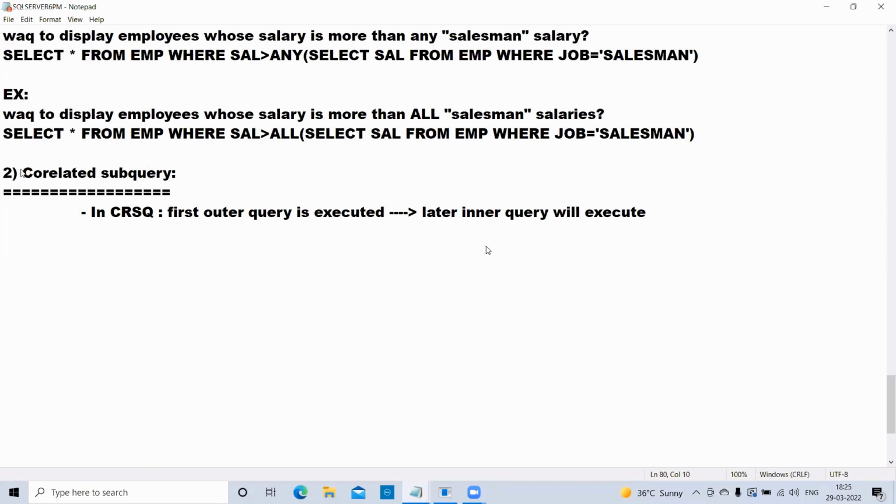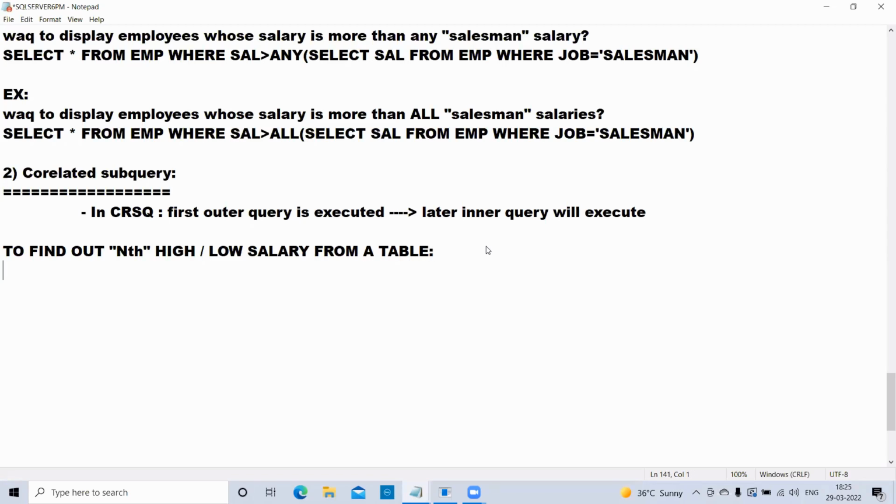By using a correlated subquery, let me see. First of all, we want to find the nth highest or lowest salary from a table.